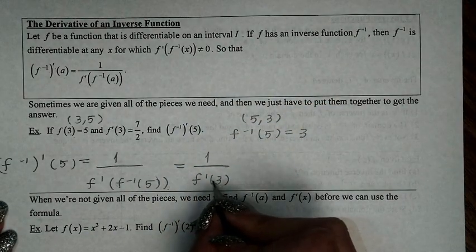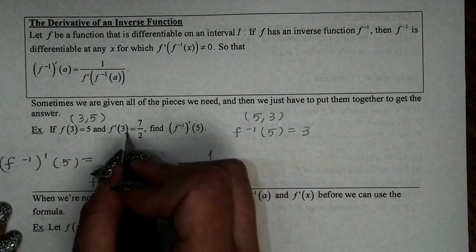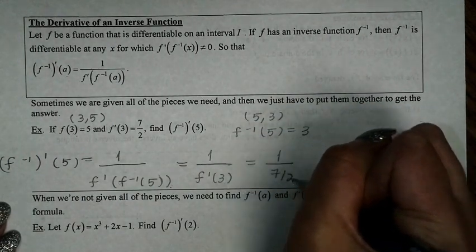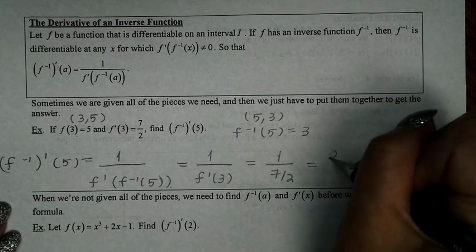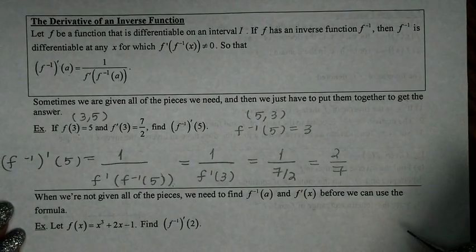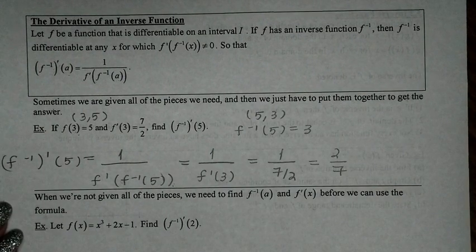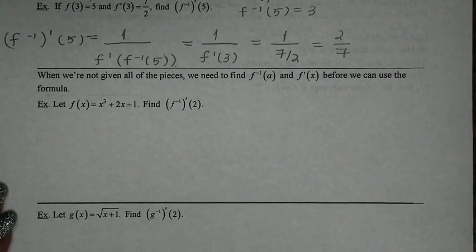Then you ask yourself, do we have f prime of 3? The answer is yes, they gave it to you. So we have 1 over 7 over 2. Obviously, we don't want to leave it like that, so you just flip it. So you have 2 over 7, and that's your derivative of the inverse function evaluated at 5. Isn't that nice? So let's look at more problems.